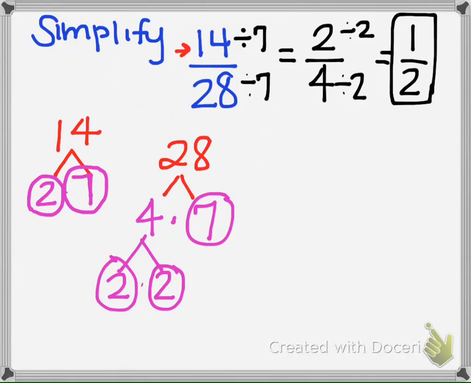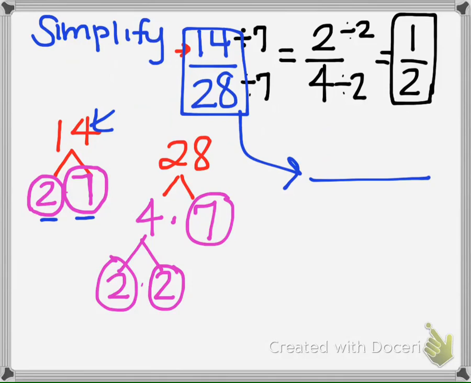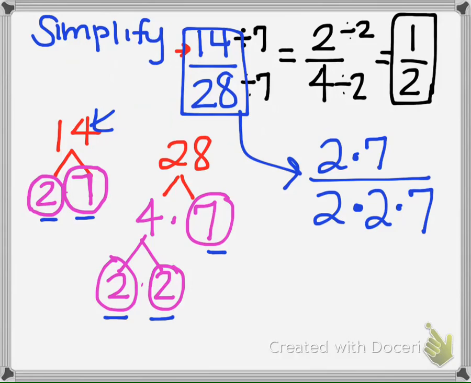So now we're going to take this 14/28 and instead write the 14 as 2 times 7, and we're going to write the 28 as 2 times 2 times 7. And then whatever is in the numerator we can cross out with the denominator.